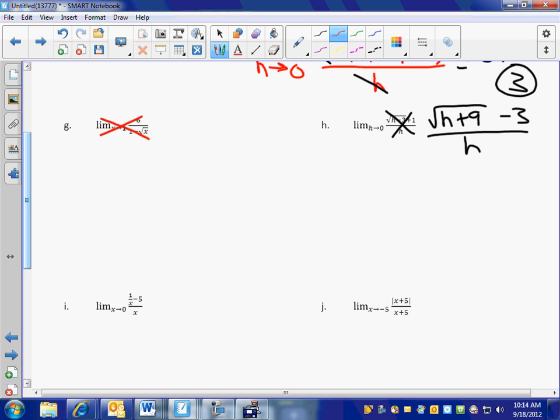I changed that problem to the limit. Somebody asked a very good question. They said, Mr. Gibbs, why do you change it? I did that problem last year, and as I was coming up with problems, there's some that can't be solved by algebra. They require analysis.